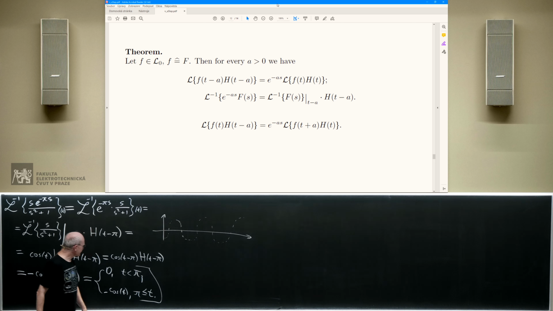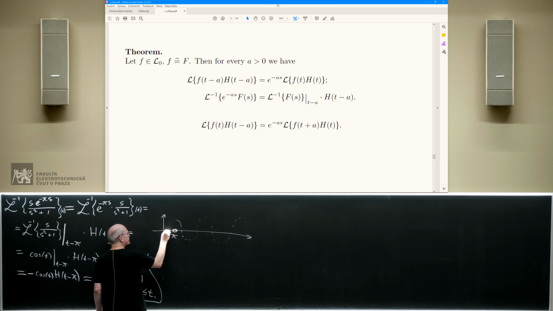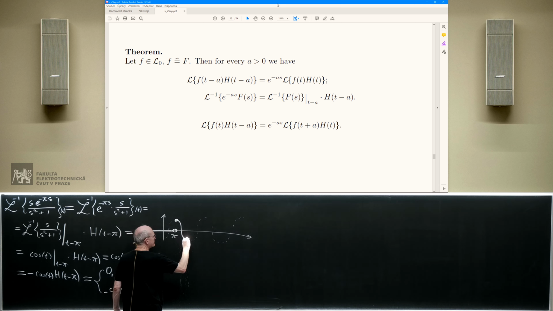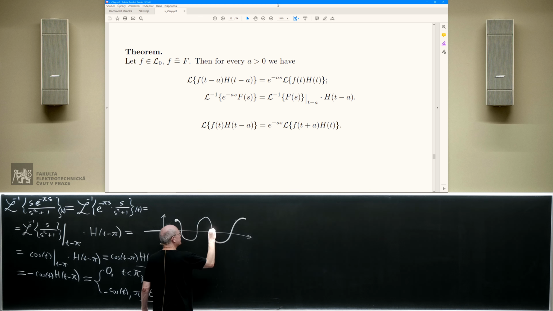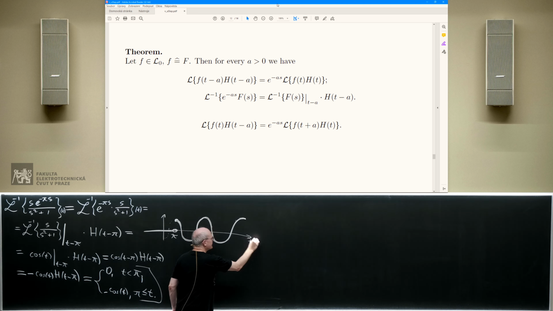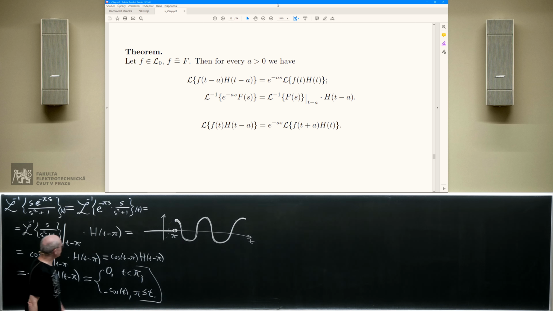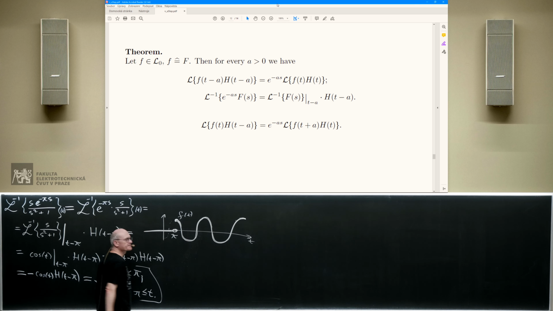But now, I'm ignoring it until I hit time pi, which is over here. This is pi. So my signal is 0 all the way here. And at pi, it hits the minus cosine curve, and it takes it and gets on with it until the end of time. So that's my f. That would be the solution of my differential equation in the story.